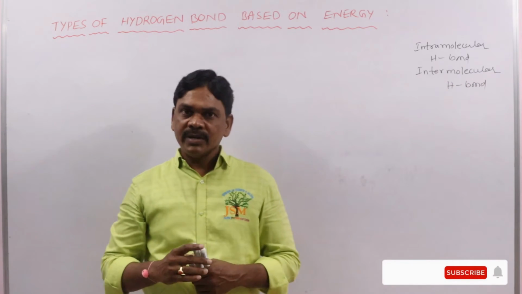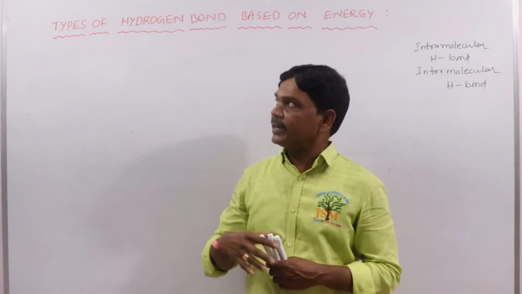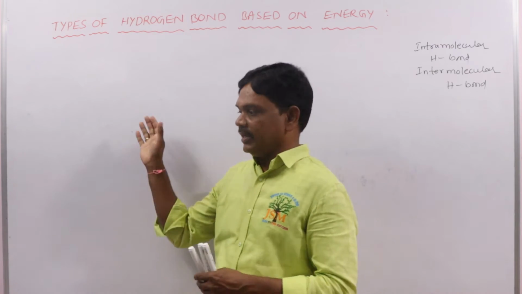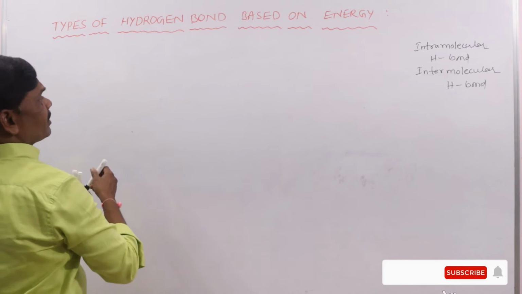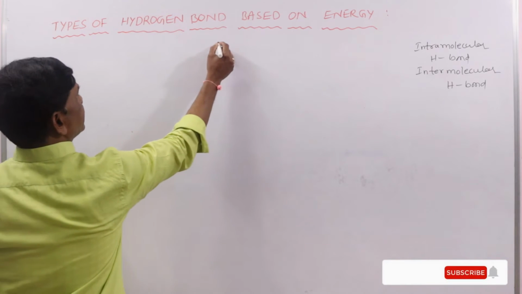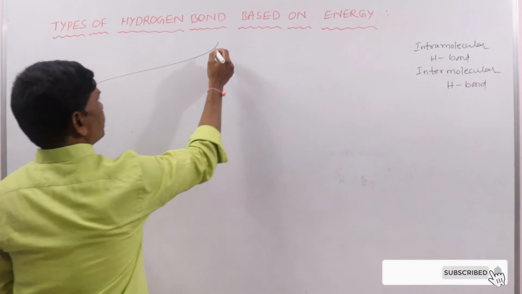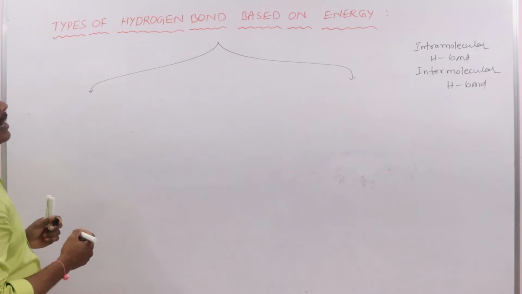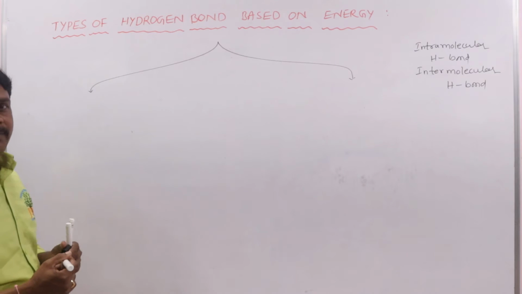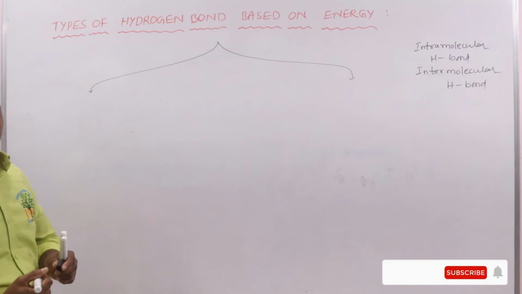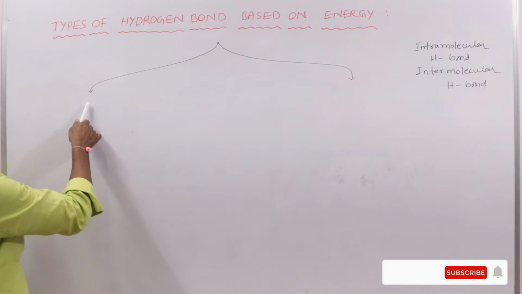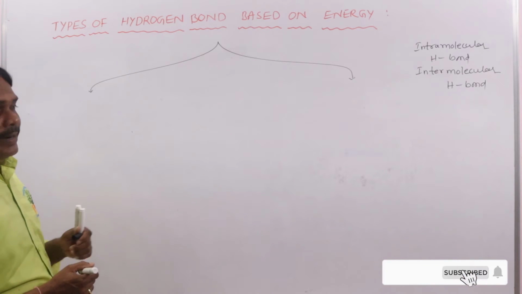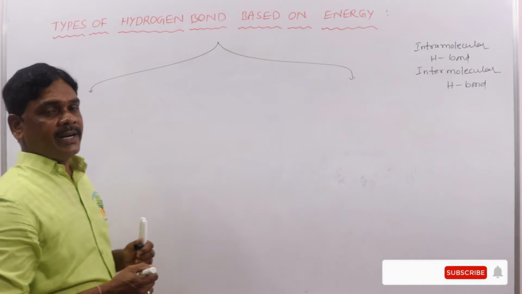Now in this video I am going to explain the types of hydrogen bond based on energy. Based on energy, we classify hydrogen bonds into two types: symmetrical hydrogen bond and unsymmetrical hydrogen bond.